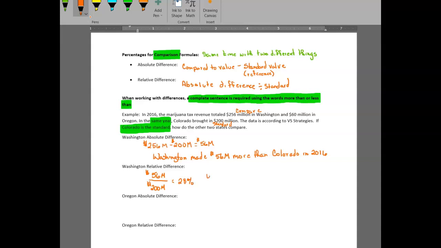So that means Washington made 28% more than Colorado in tax revenue in 2016.